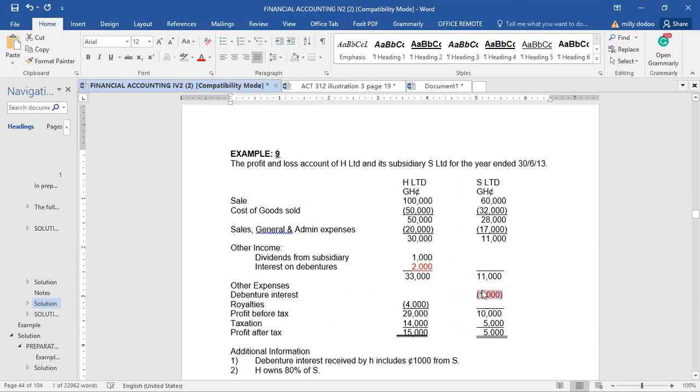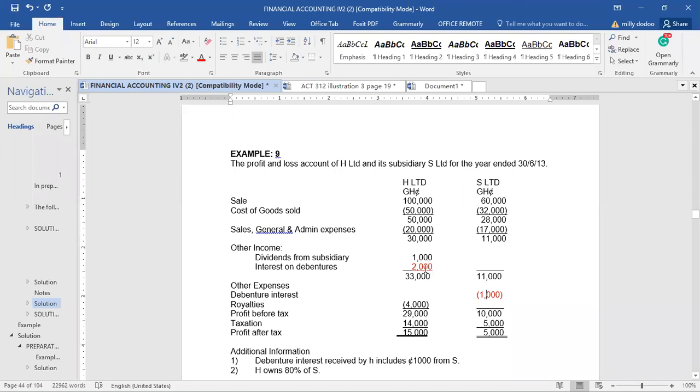So whatever debenture interest S has paid here, 1,000 is going to H, and S paid only 1,000. So this 1,000 is here. It means that when we are consolidating the account, this 1,000 will not come. The 1,000 from here will also not appear on the face of the account.